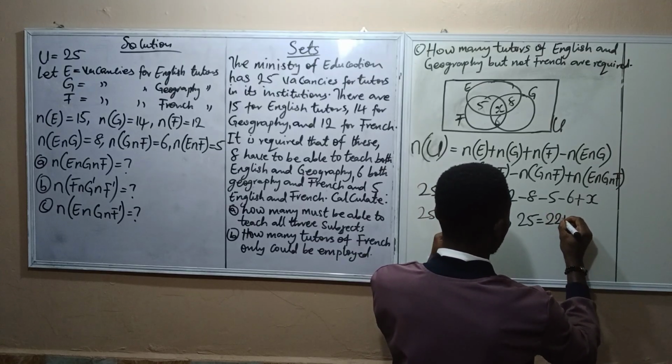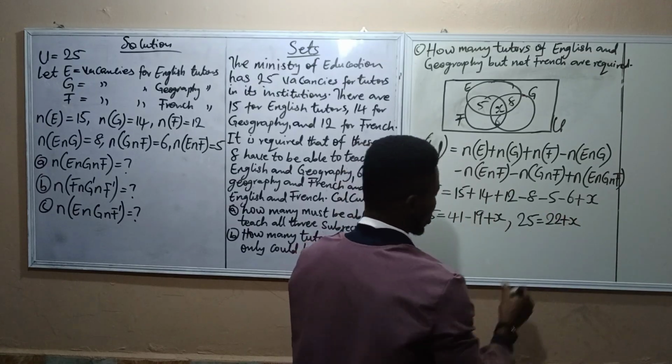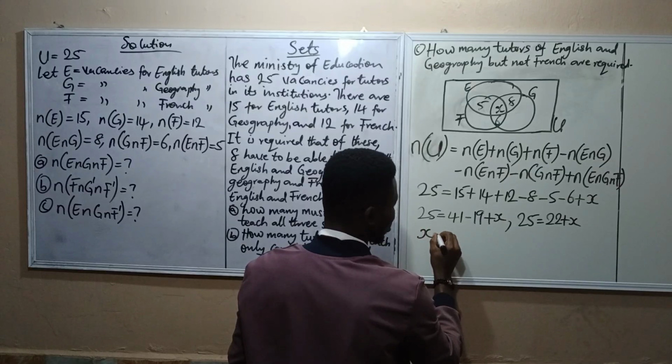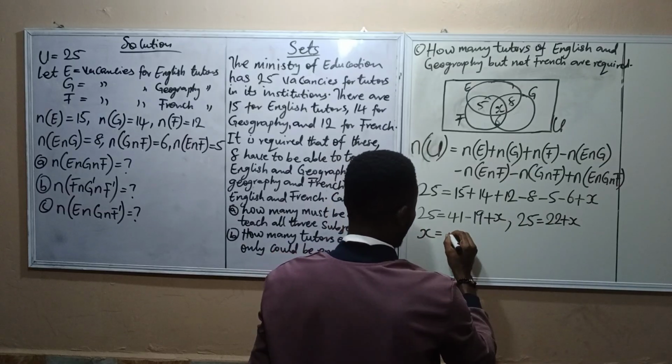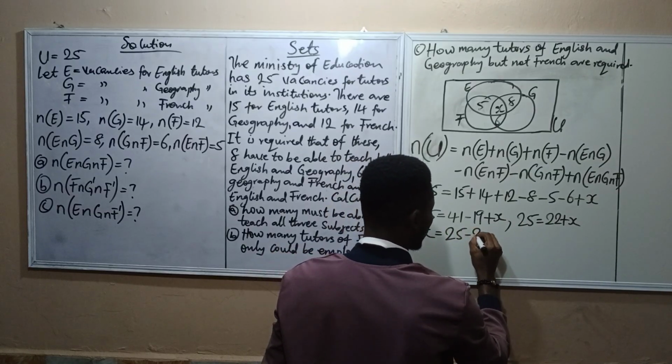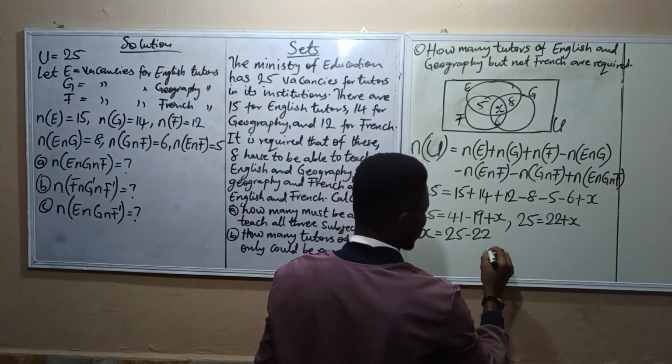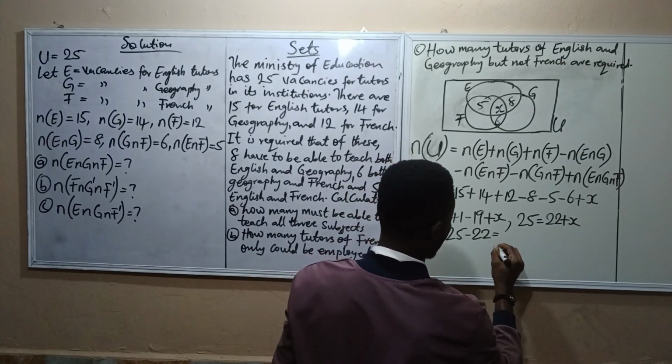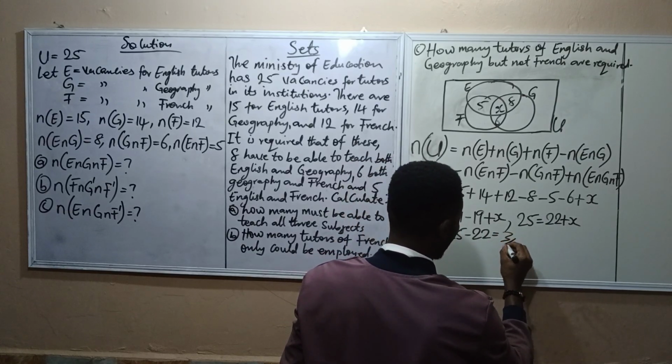So 25 equals 22 plus X. That implies that X is equal to 25 minus 22, and that is equal to 3.